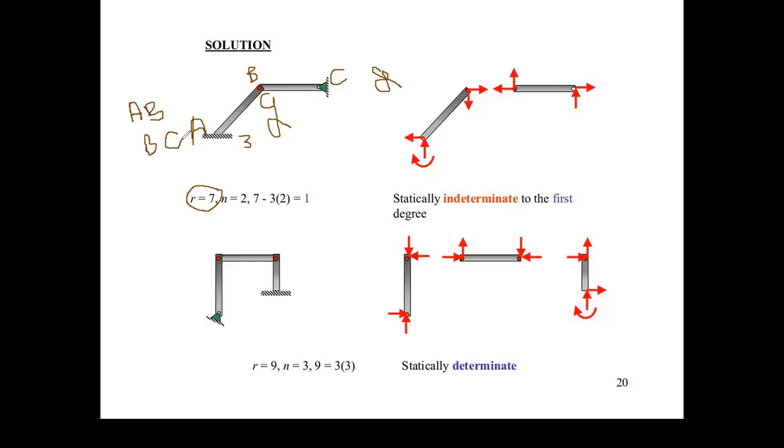So this kind of beam is statically indeterminate to the first degree. That means this 7 minus 3n, 3 into 2, comes out to be 1. That means first degree indeterminacy is there.